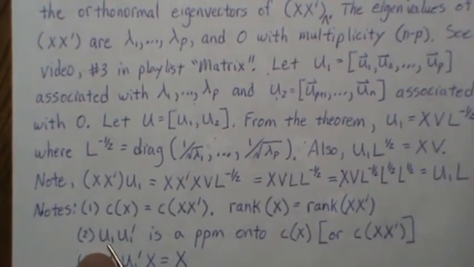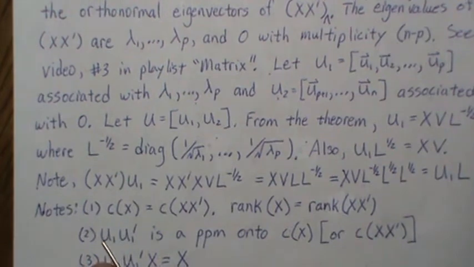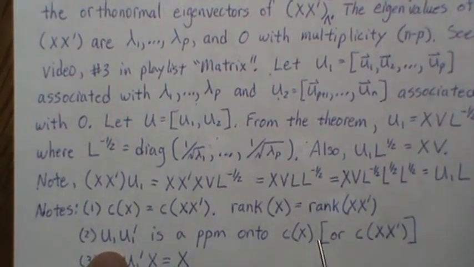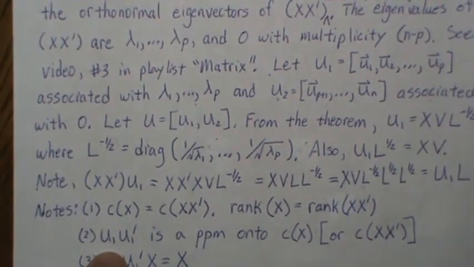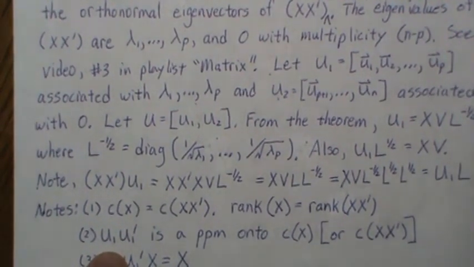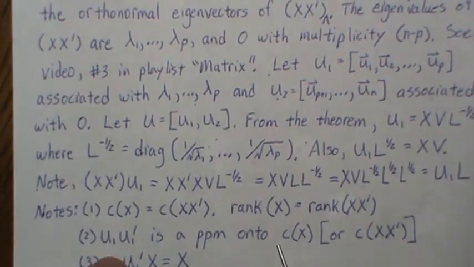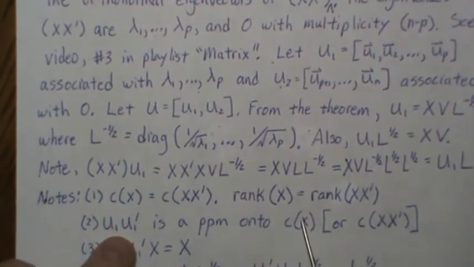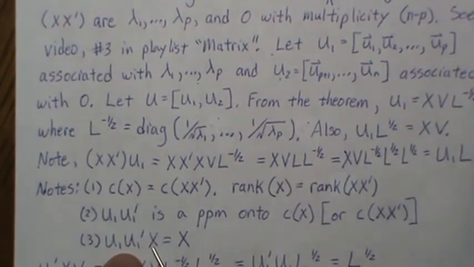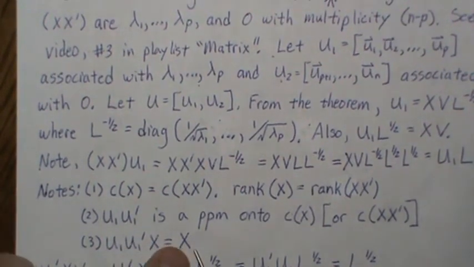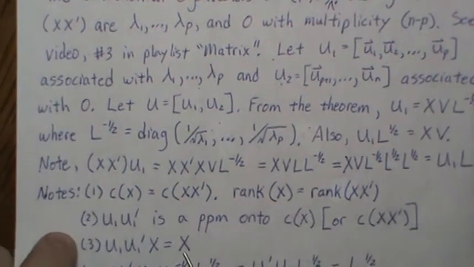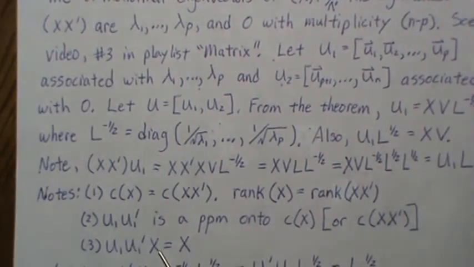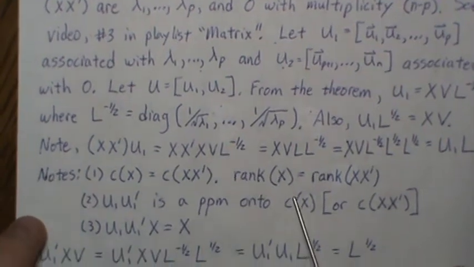And then if we take U1 U1 transpose, this is actually a perpendicular projection matrix onto that column space of X. Now I have a video called Perpendicular Projection Matrices that highlights this theorem quite well. But since it's a perpendicular projection matrix, if we right multiply X by it, we get X back. It projects everything back into the column space of X. But since X is already there, it projects it back onto itself.